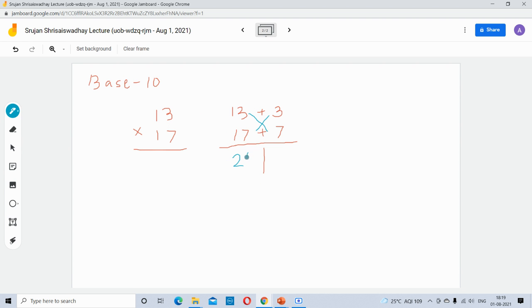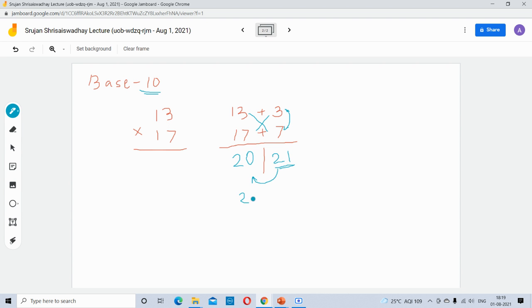So I'm going to write 20 over here, and I'm going to multiply the two differences, 3 times 7, and write it over here. So that comes out to be 21. But that is not the correct answer because I'm using base 10. So these two I have to shift over here.